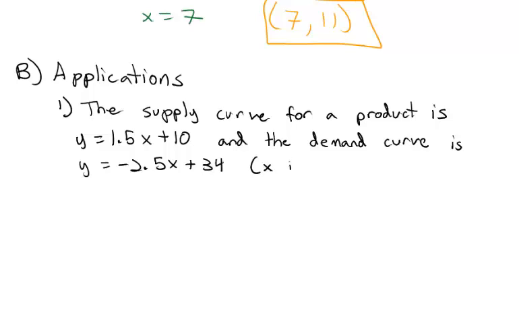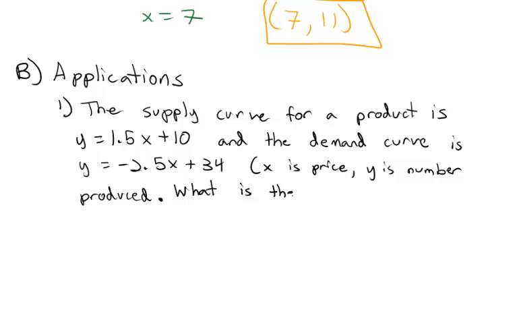Now for this, x is the price, and y is the number produced. We want to know what is the equilibrium price and how many will be produced.